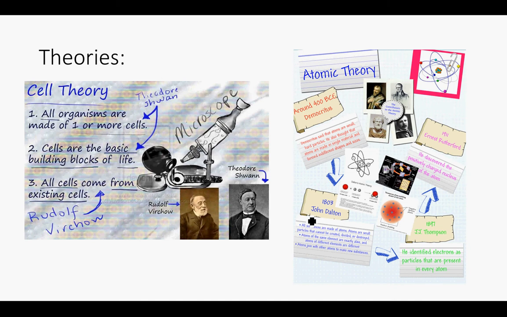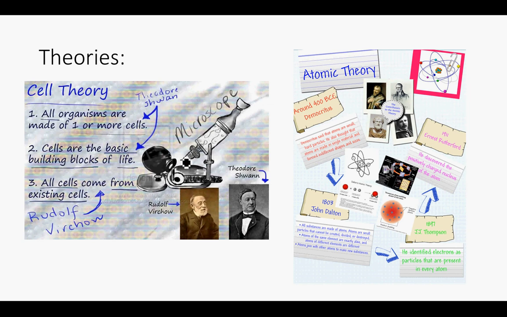Over time, when you're doing a lot of research on a specific area and you get these results and these laws are created, sometimes you can group them together to form a theory. And theories usually involve many scientists over a long period of time, and it's an evolving look at a certain aspect of science. So for instance, we have cell theory. And cell theory was produced by scientists like Theodore Schwann and Rudolf Virchow, and it's gone on for hundreds of years.